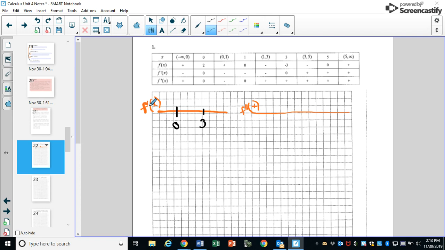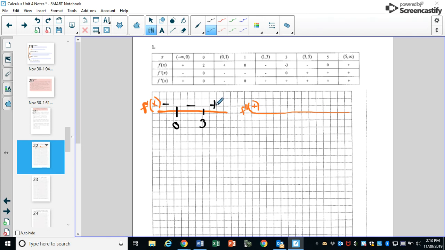Perfect. All right, the other thing that we're next going to do is give the value of the derivative of x in each of these regions. So when x is less than 0, our derivative is negative, right? When x is between 0 and 3, what do we have? Well, from 0 all the way up to 3, we have negative. And then when x is greater than 3, we have positive.